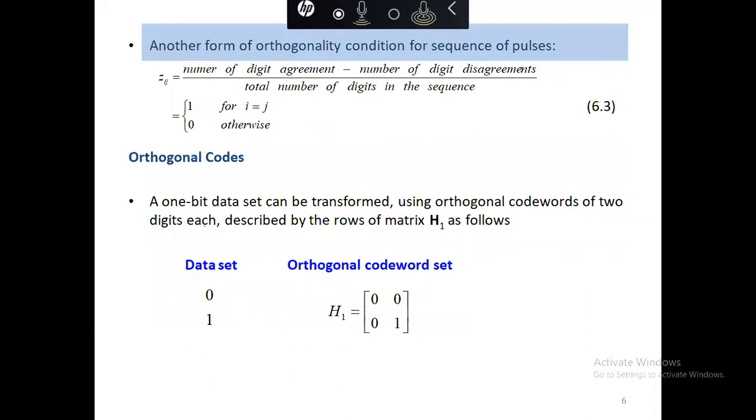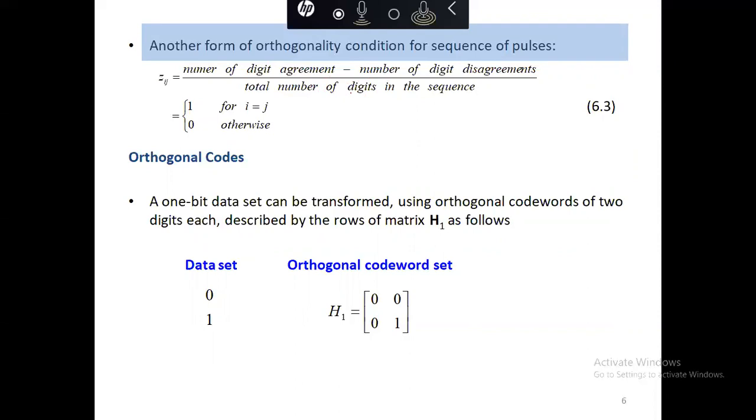So in coding, the cross correlation coefficient is measured by the number of similar bits minus the number of dissimilar bits divided by the total number of bits. For example, if there are 8 bits in the sequence and we have 4 similar bits and 4 dissimilar bits, it means that the cross correlation coefficient value is 0.